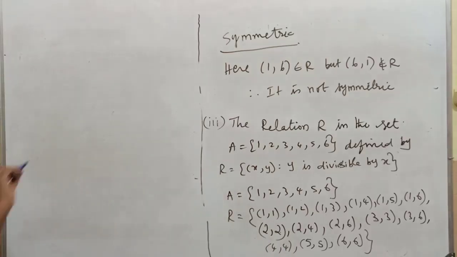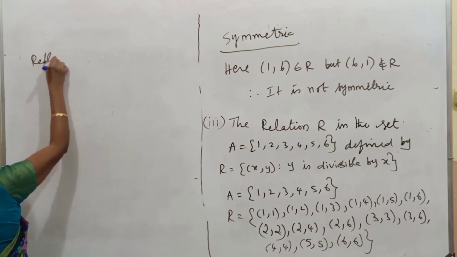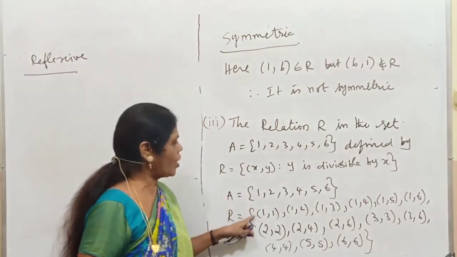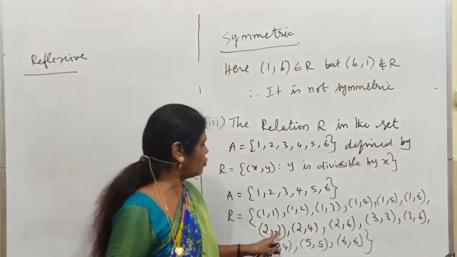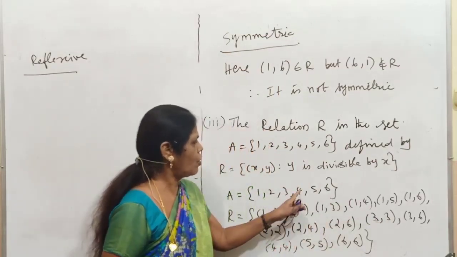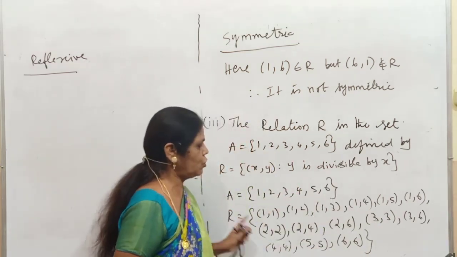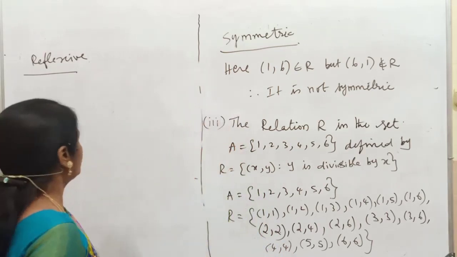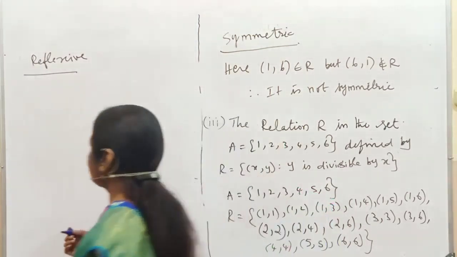Now listen. How will you prove that it is reflexive? 1 belongs to A, (1,1) belongs to R. 2 belongs to A, (2,2) belongs to R. 3 belongs to A, (3,3) belongs to R. 4 belongs to A, (4,4) belongs to R. 5 belongs to A, (5,5) belongs to R, and (6,6) belongs to R. Rather than writing all the elements, you can generalize this.